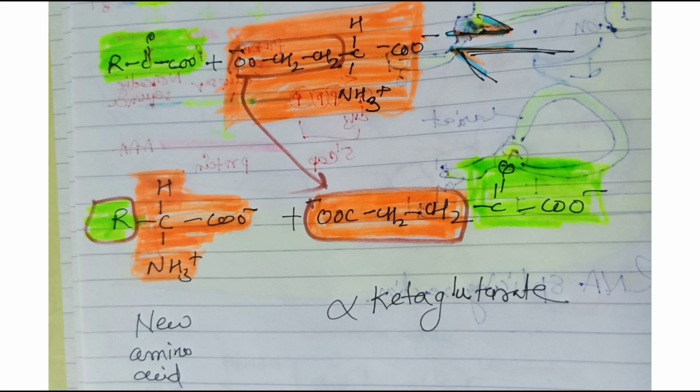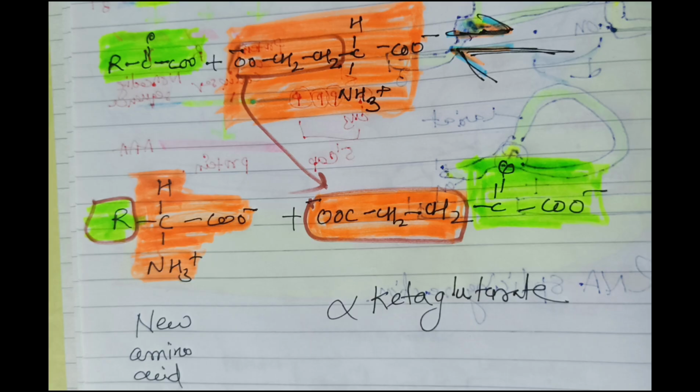So the transamination reaction helps in synthesizing most of the amino acids. So there is an acceptor alpha keto acid, then glutamate. Here we add the glutamate, so it is a reversible step where the new amino acid is formed plus alpha ketoglutarate.